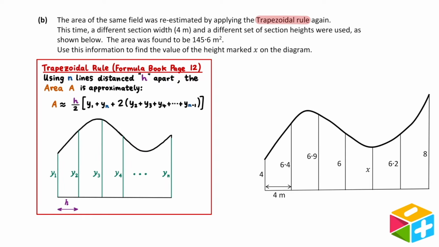Just like the previous part of the question, we need to use the trapezoidal rule. Let's have a look at our diagram and identify the values for each of the letters in the rule. N is the number of vertical lines we have. Here, we have 7 vertical lines, so n is equal to 7.